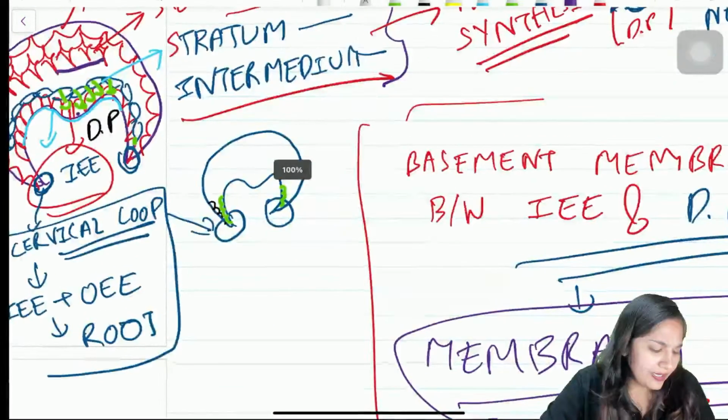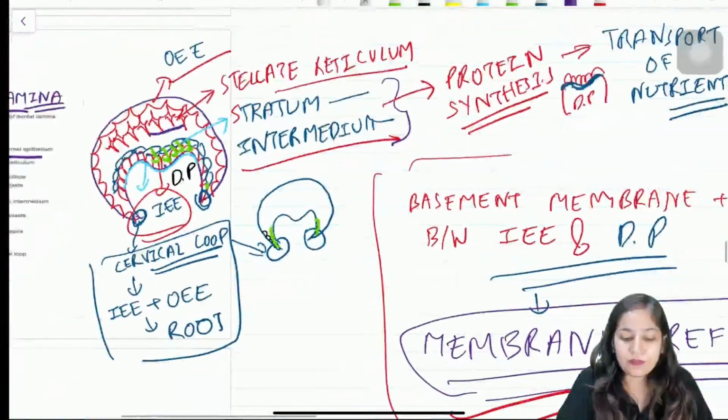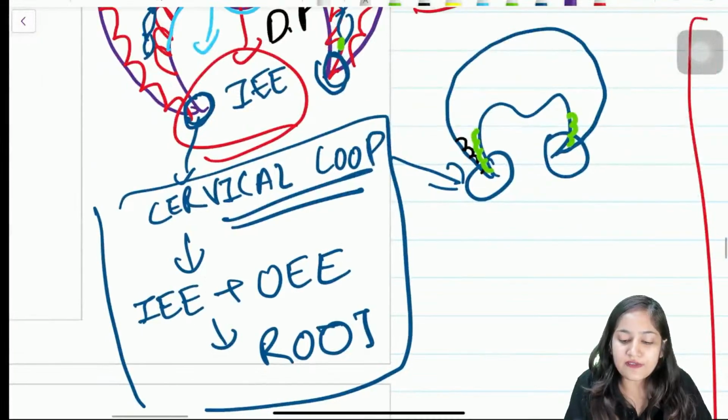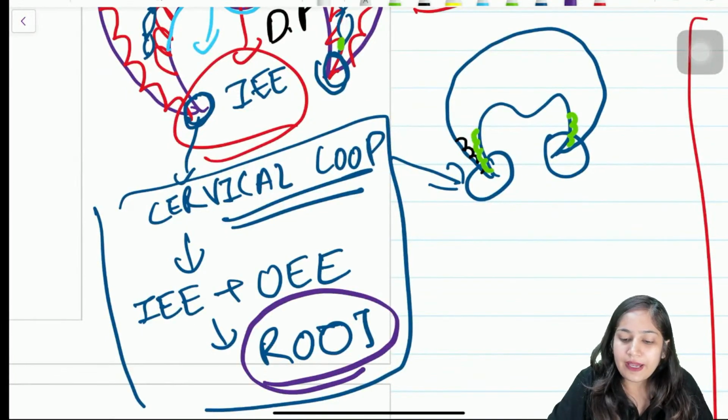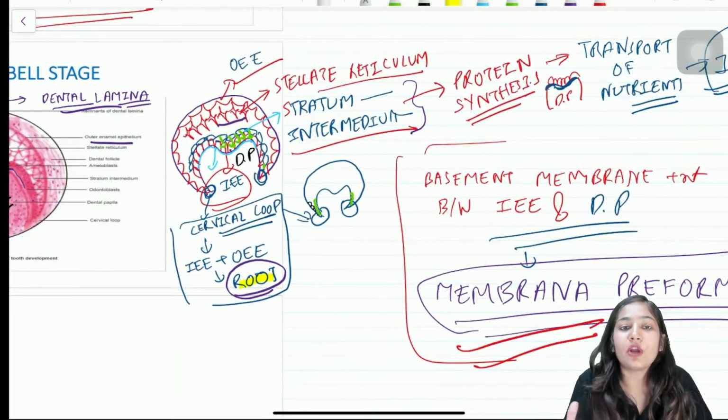Someone had a doubt regarding the cervical loop. What is the significance of cervical loop? What is its role? Cervical loop is involved in formation of what?